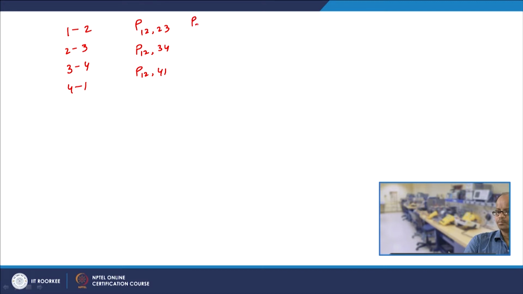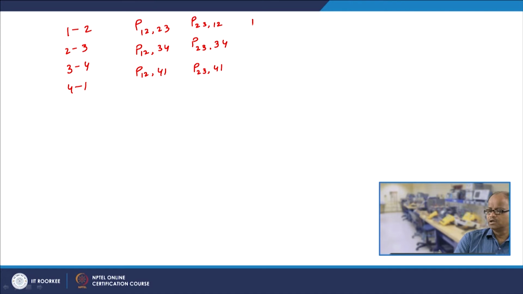Similarly, I will have P 2 3 due to 1 2, P 2 3 due to 3 4, P 2 3 due to 4 1. Please note that P 1 2 due to 2 3 and P 2 3 due to 1 2 are not the same. We will look into this, but they are not equal to each other, right.